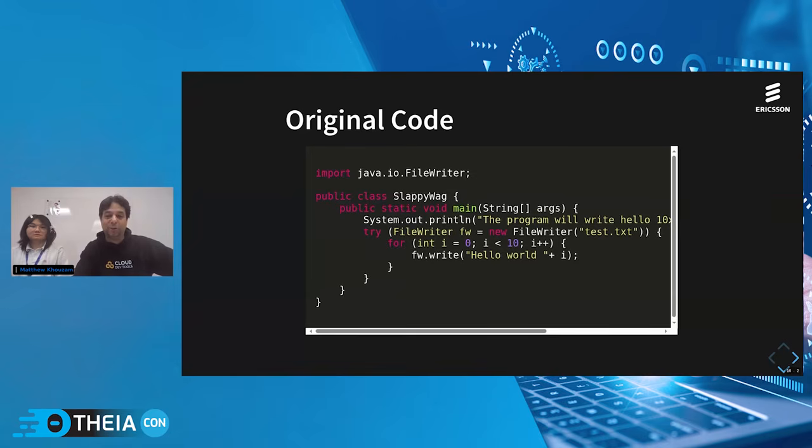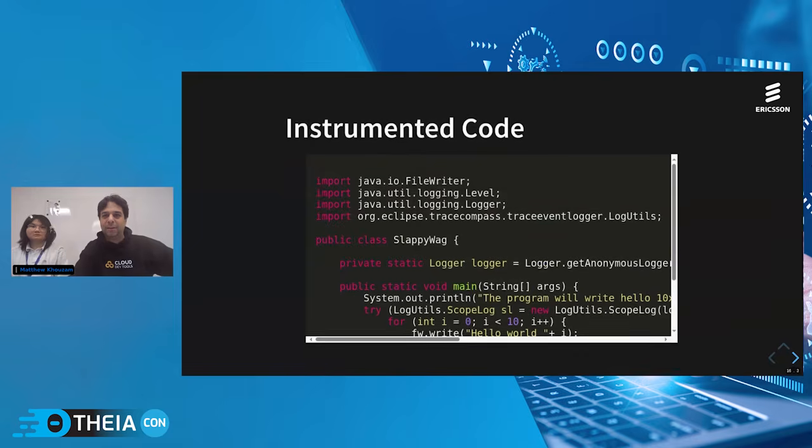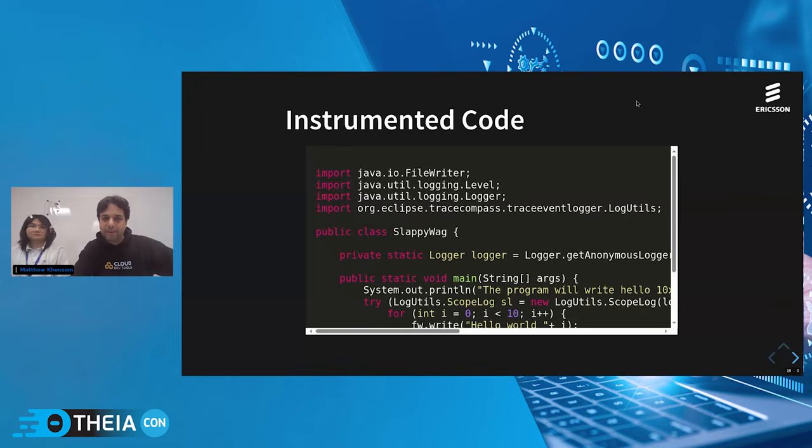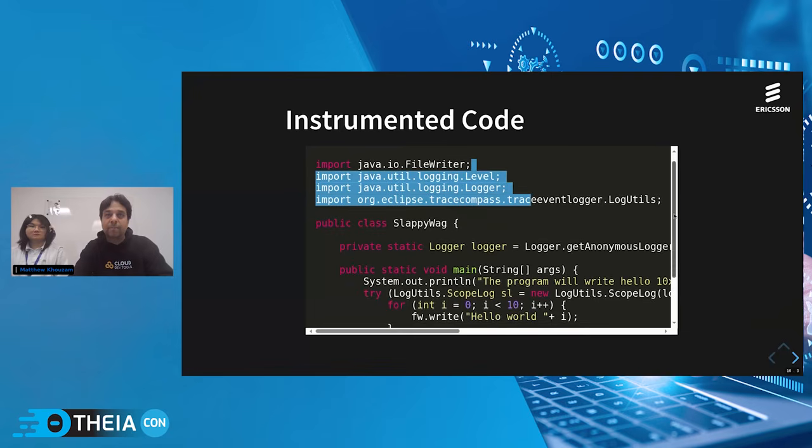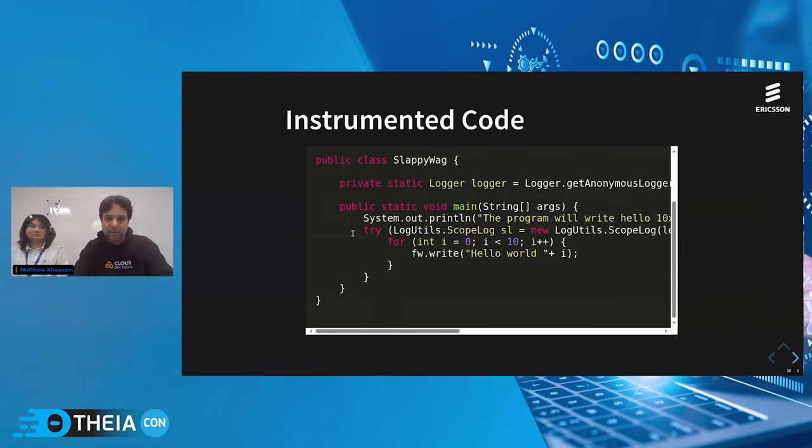This looks a lot like the TypeScript code, doesn't it? Then the next code instrumented is this. We added these lines, and in our try, we added a resource, a try with resource. And so it automatically writes all the entries and all the exits, including exits from exceptions.